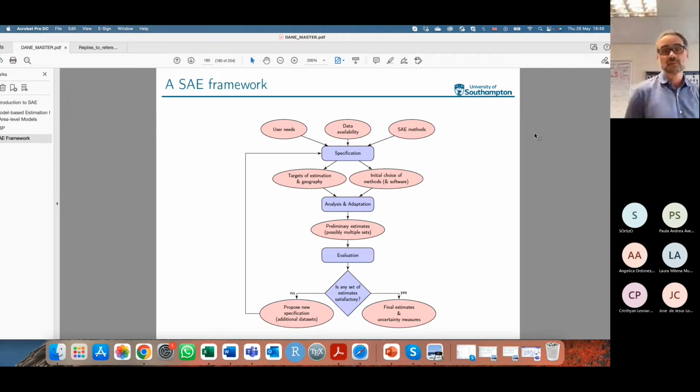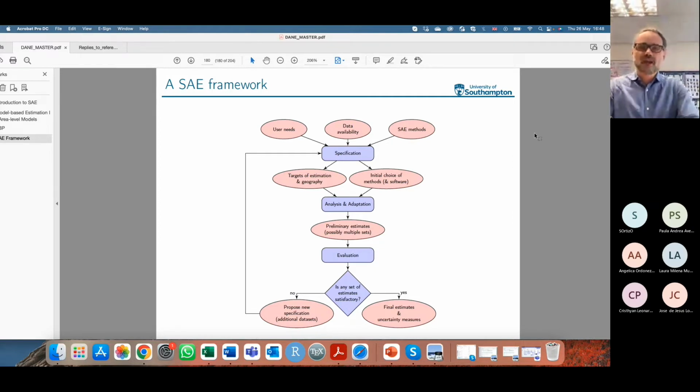Think of a situation where you don't have census data or population administrative data and so on. Immediately your options start reduced in terms of what kind of methods and what kind of target parameters you can estimate with those.